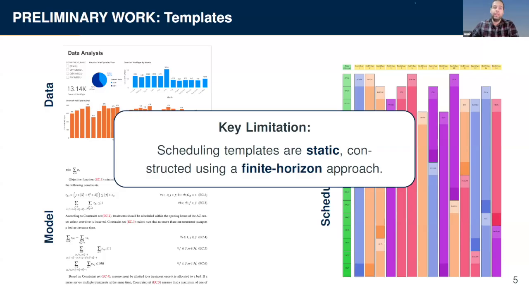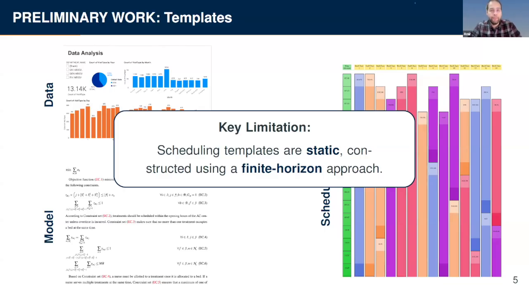In another week, we might have more of another group of patients, right? So the wait list of the patients dynamically changes over time. And having a fixed scheduling template might not be the ideal decision-making support for scheduling the patients. So for that reason, we decided to create a dynamic approach that is particularly infinite horizon.